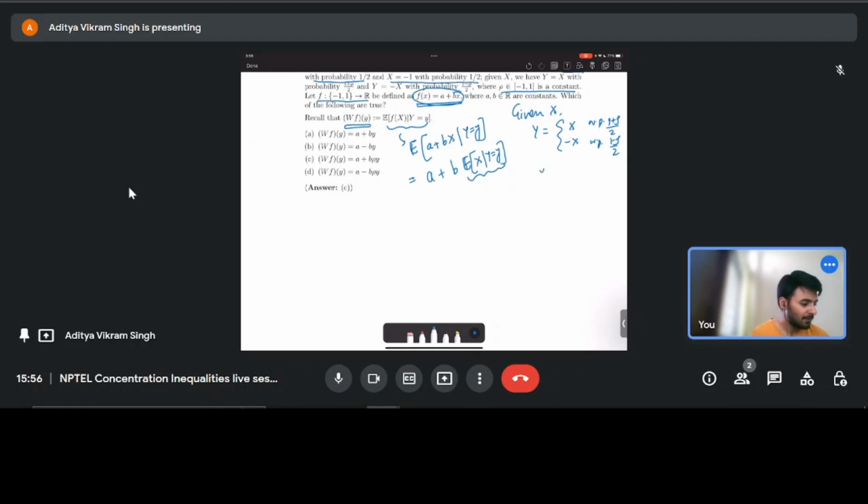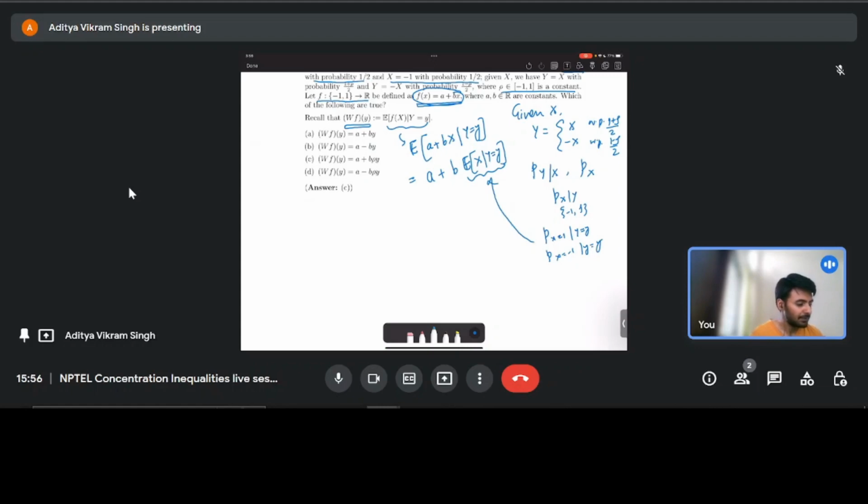We are given y given x, so we can compute p of x given y. Since x and y are both just variables over this 2 point set minus 1 comma 1, we have to compute p of x equal to 1 given y equals y, and p of x equal to minus 1 given y equals y. And then you can compute this expectation, right?